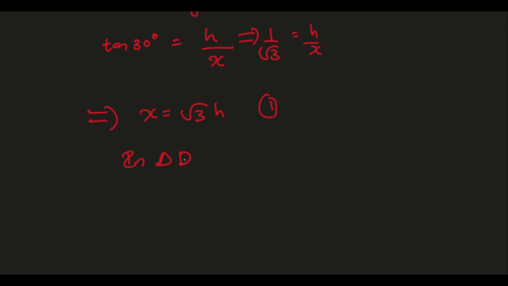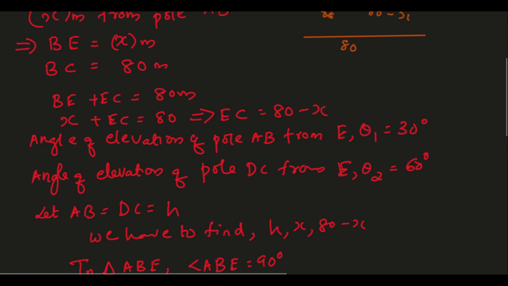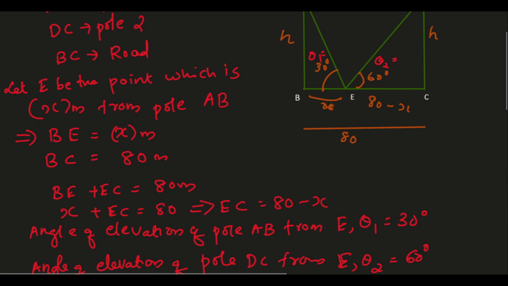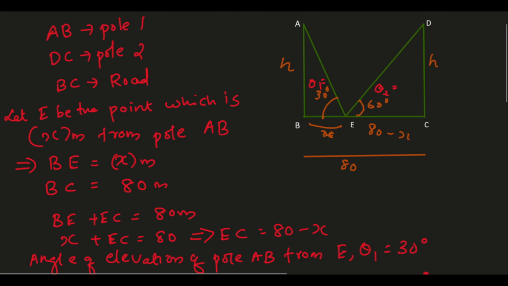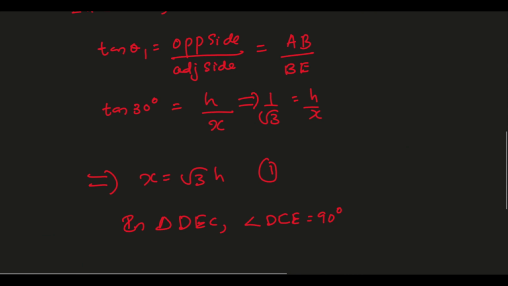Then we are going to take triangle DEC. In triangle DEC, angle DCE is equal to 90 degree. We are going to take tan theta 2.